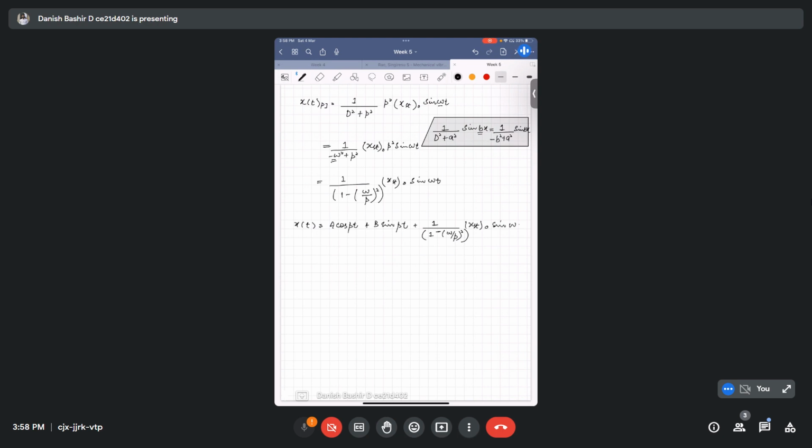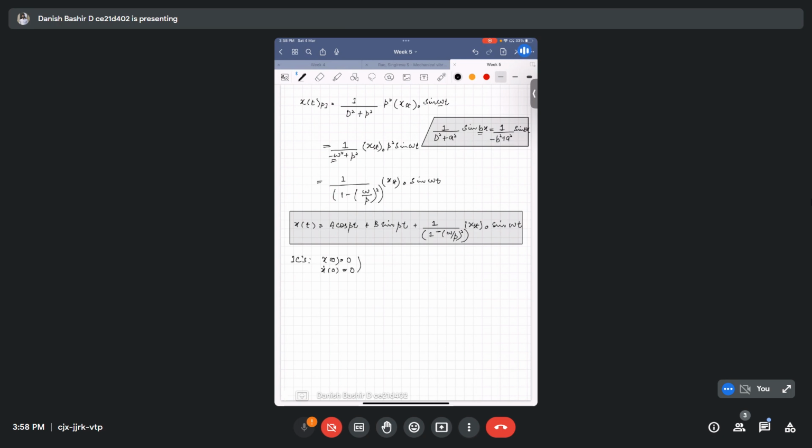Again, this is just the equation without giving the boundary or initial conditions. The initial conditions here again are that the system is initially at rest, so its displacement is equal to 0 and its velocity is equal to 0.